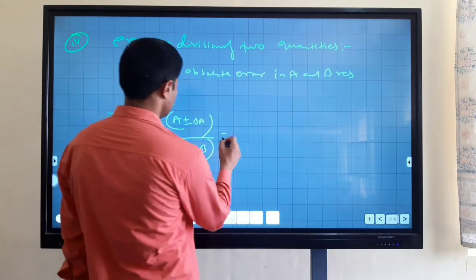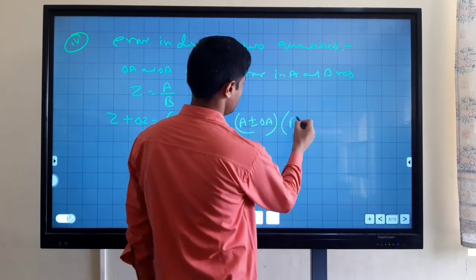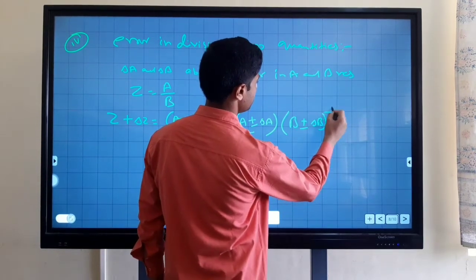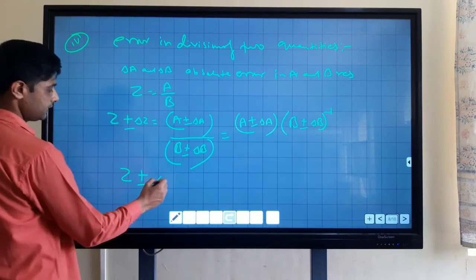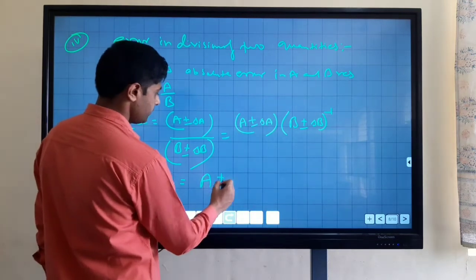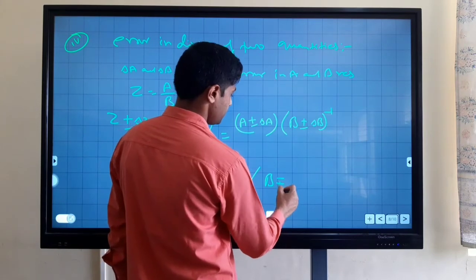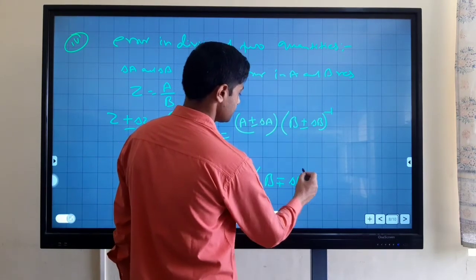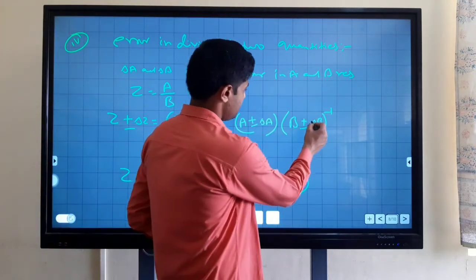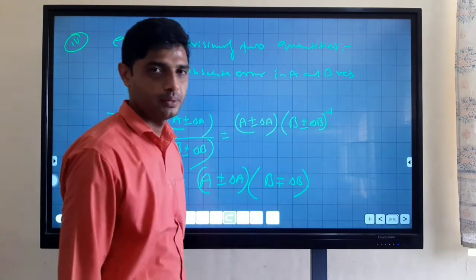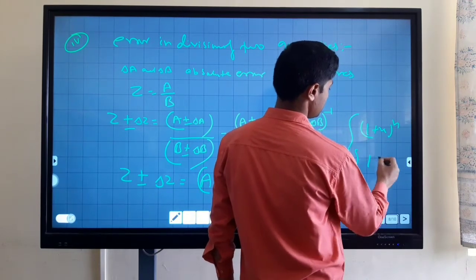Okay. So A plus minus del A times B plus minus del B inverse. So Z plus minus del Z equals A plus minus del A times B minus plus del B, where one comes in the power of del B, because as you know, 1 plus x to the power n equals 1 plus nx.